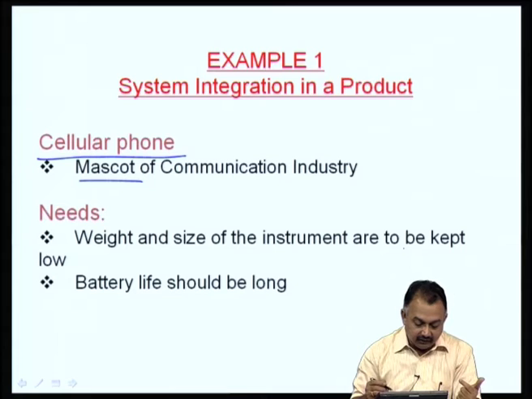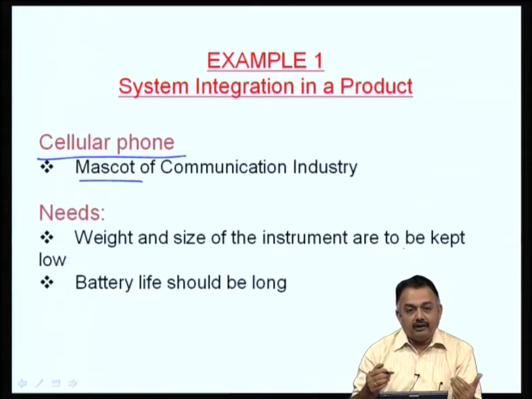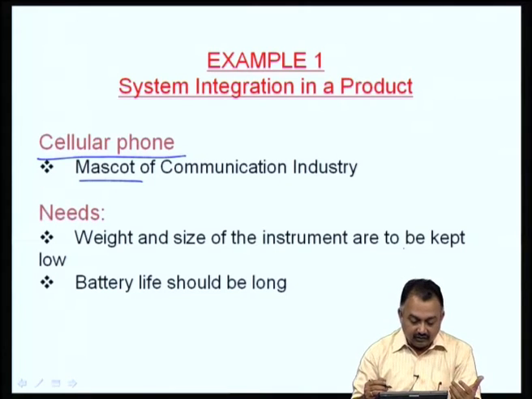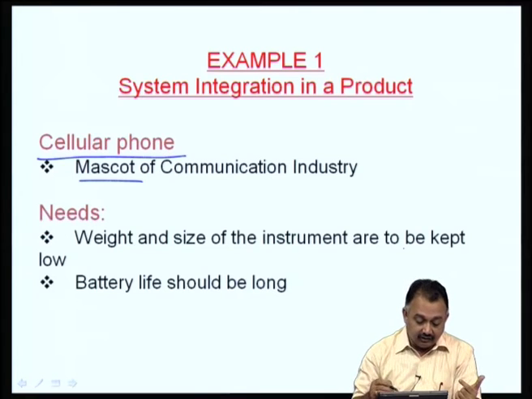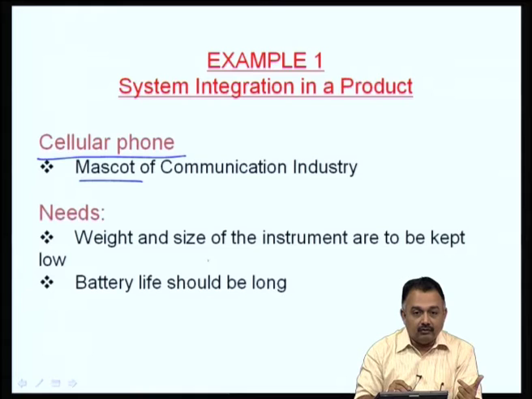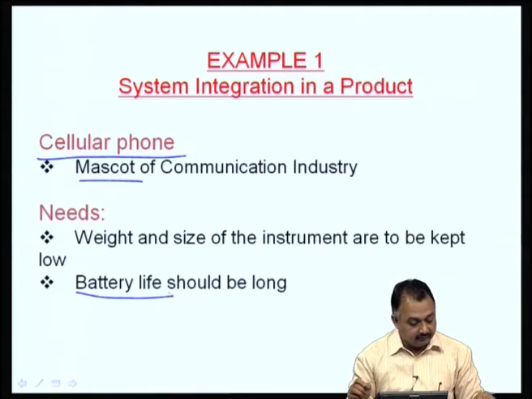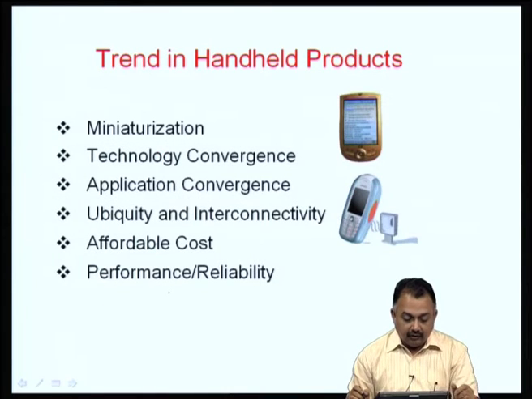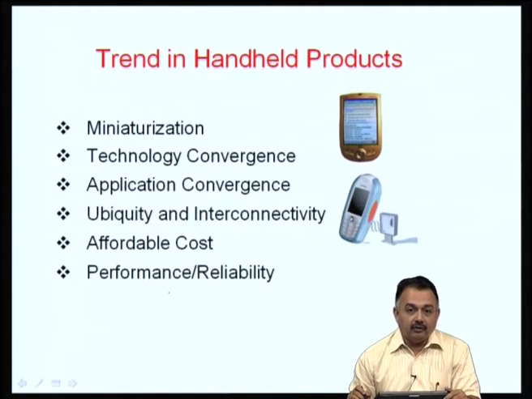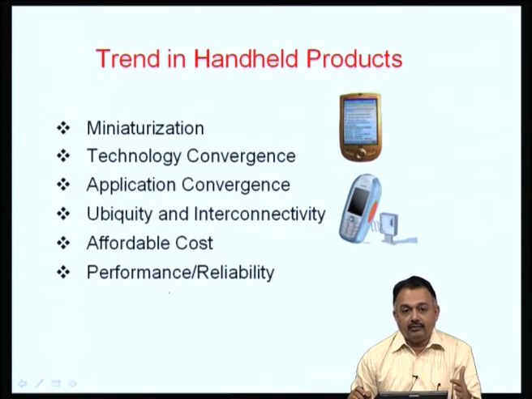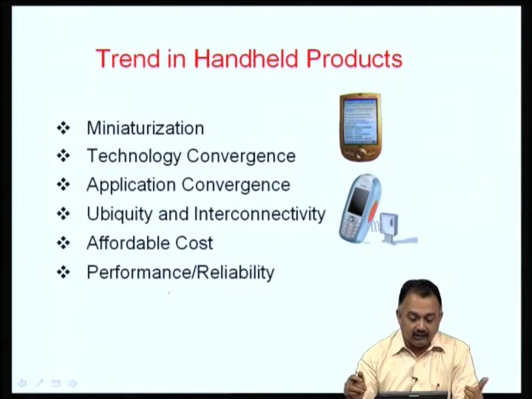What is the need for a cell phone to be manufactured? I mean the manufacturing criteria. Weight and size of the equipment or the instrument should be kept low, because that is going to be very attractive. Battery life should be long. Now, the trend in handheld products globally, because you can have manufacturing in India, Europe, US and so on, and the products are now being manufactured elsewhere and exported elsewhere.